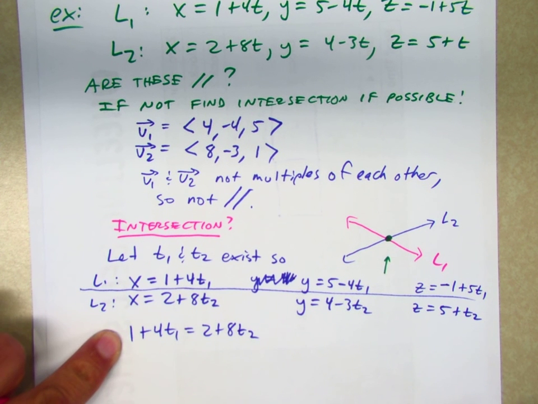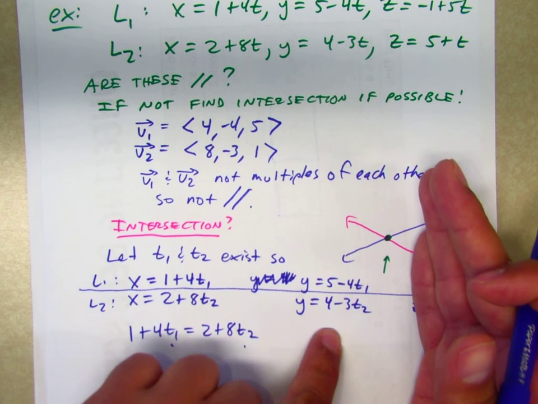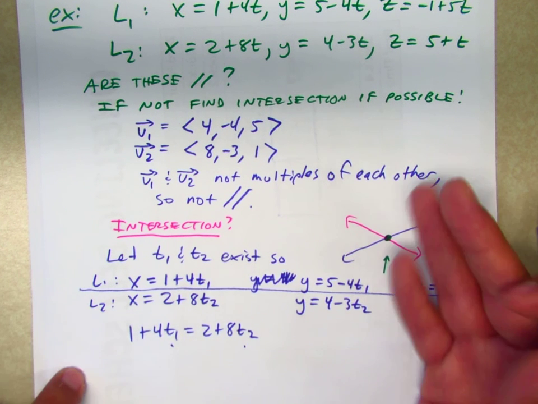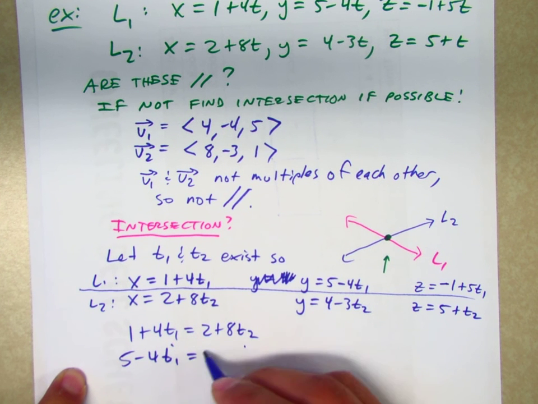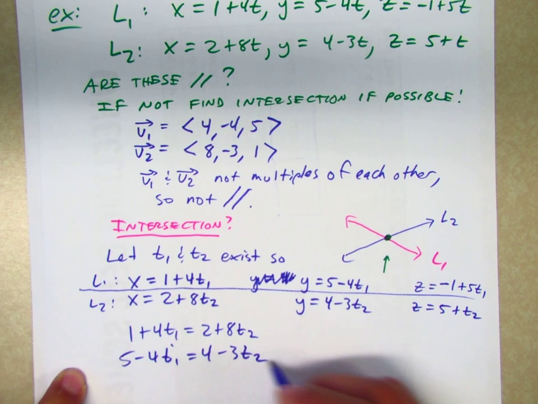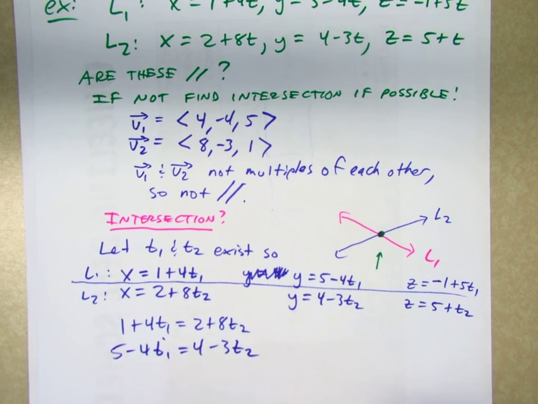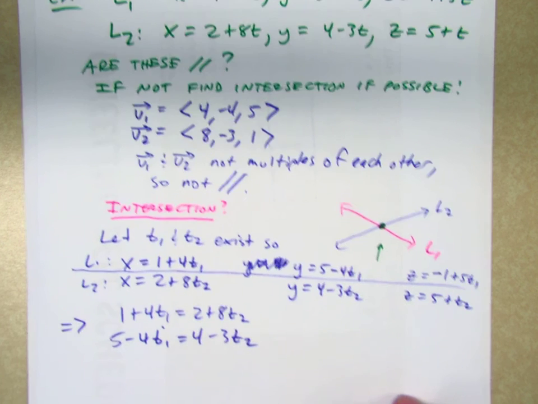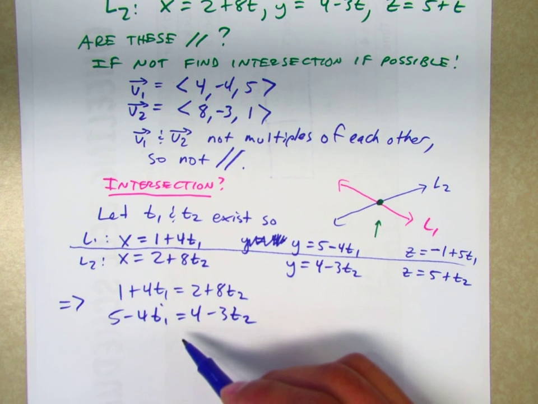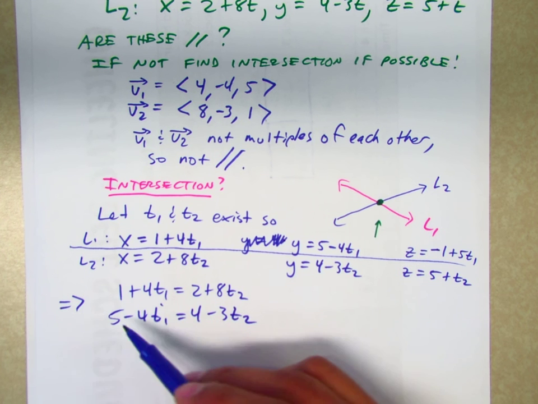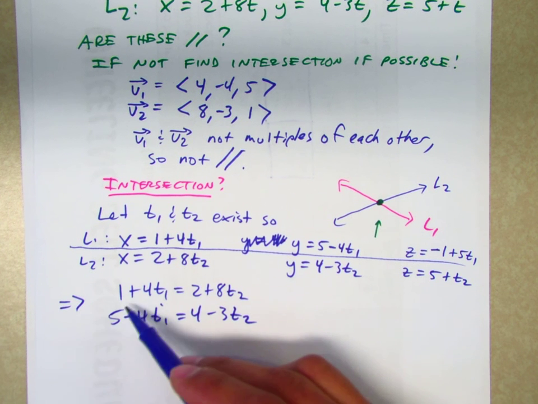Which doesn't quite help us yet, because now we have two variables, right? But looking at the next parametric set, we can write 5 minus 4T1 is going to equal 4 minus 3T2. And now this is looking better. This is just a system of equations, two unknowns, two equations.